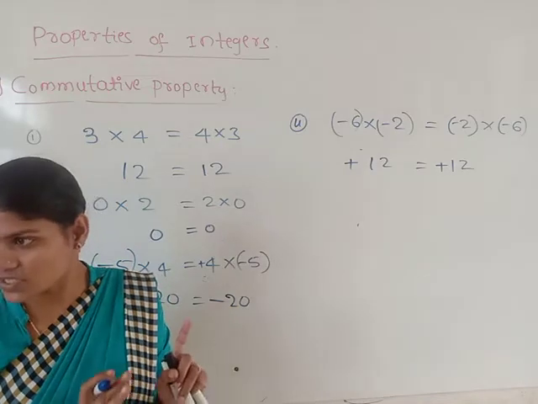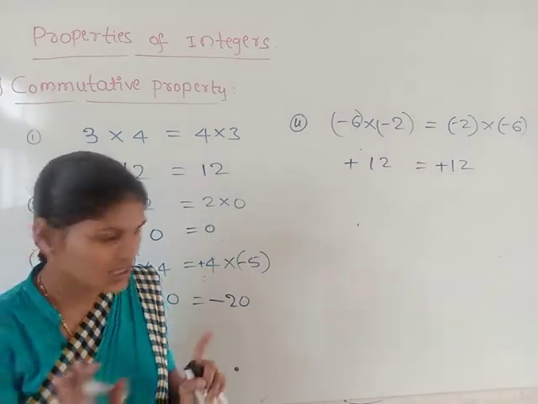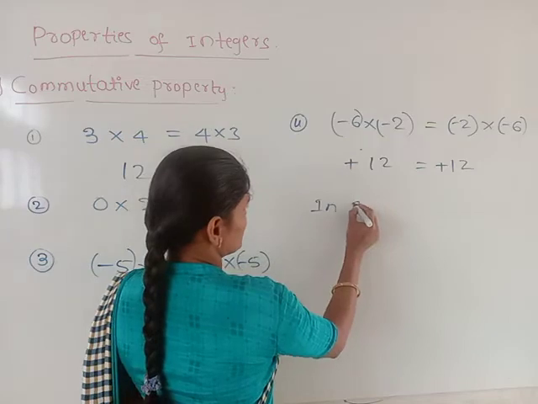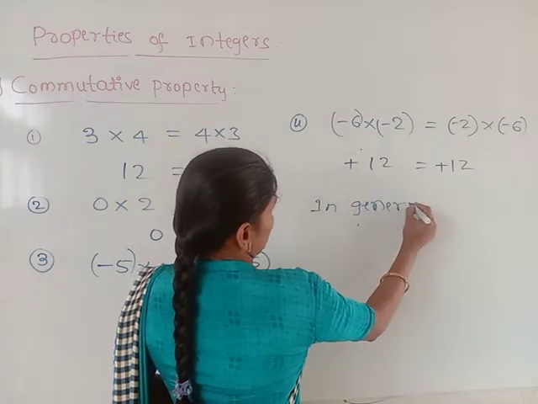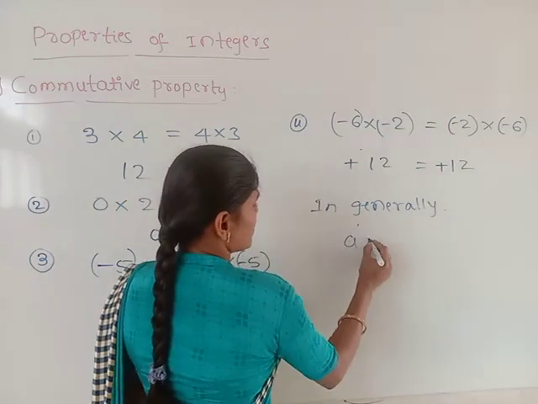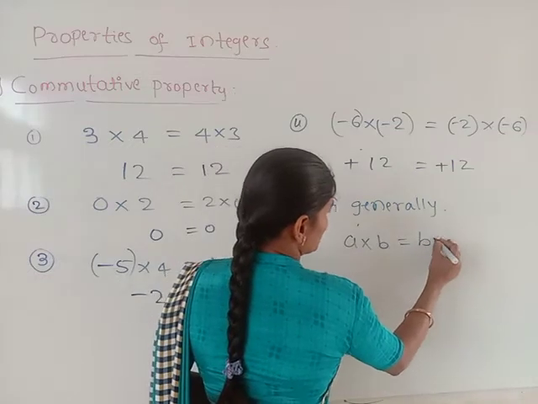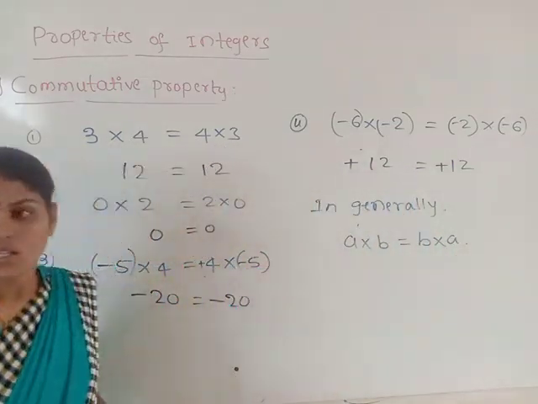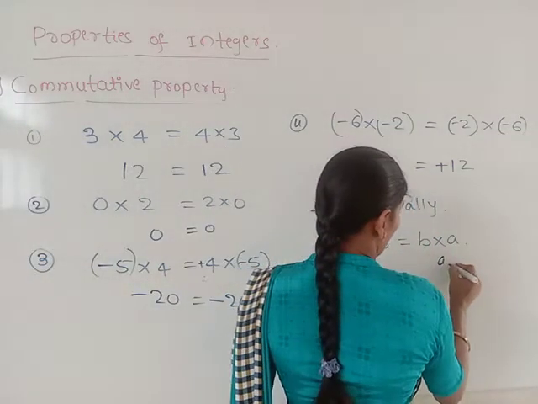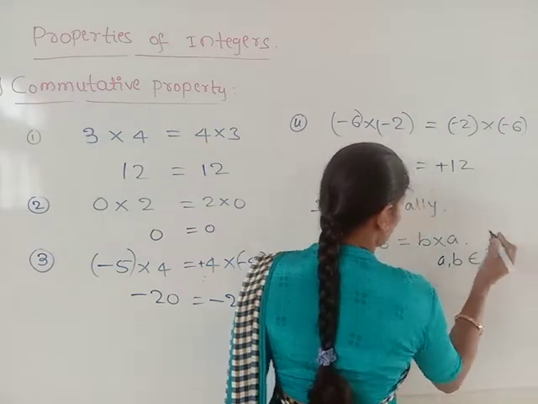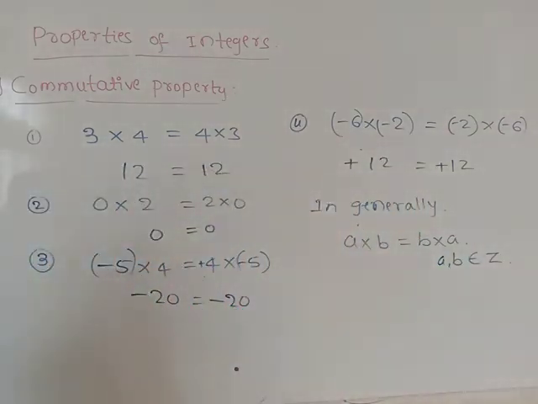The product should always be the same even if you change the order. So in general we can say A into B is always equal to B into A, for integers. Z means the group of integers.